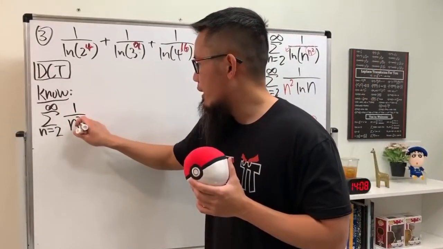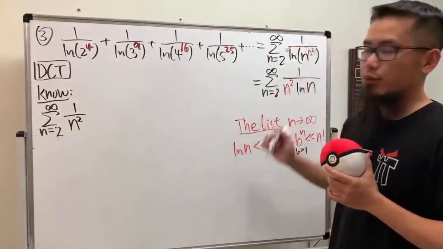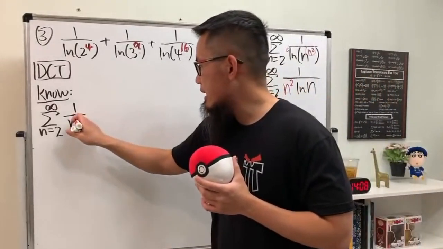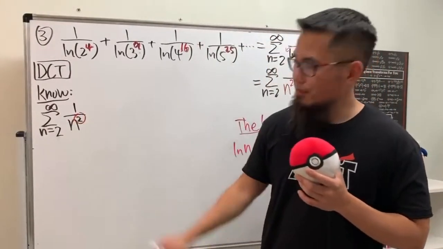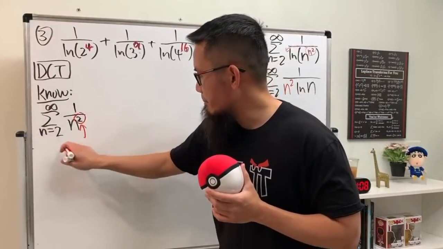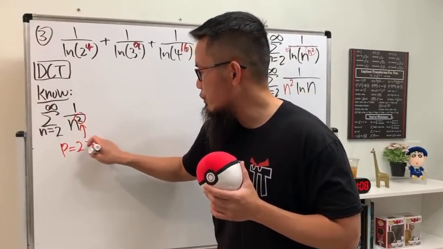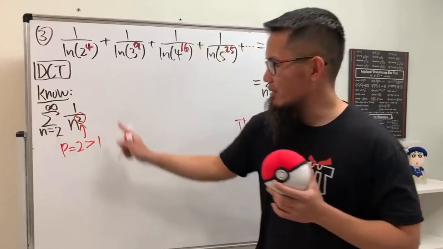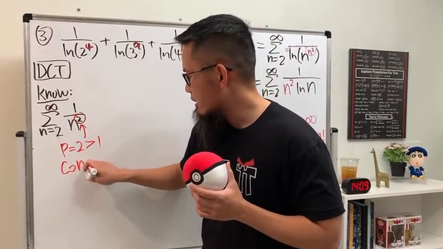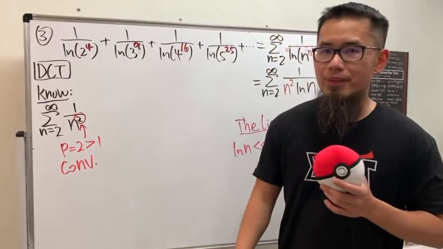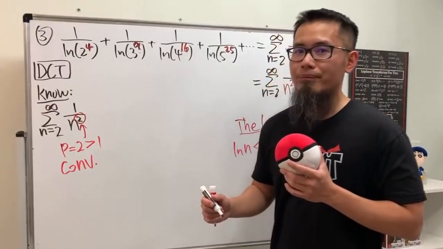Anyway, 1 over n squared here, right? Again, just that right here. And you will see this guy is the p, which is 2, which is greater than 1. Therefore, this series converges, right?